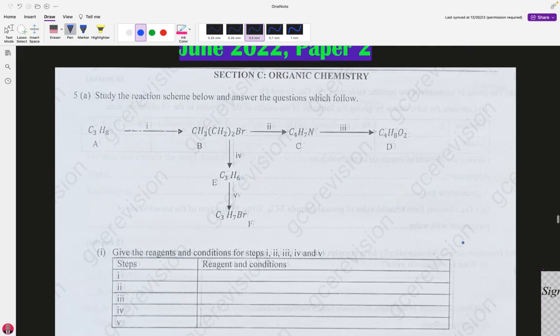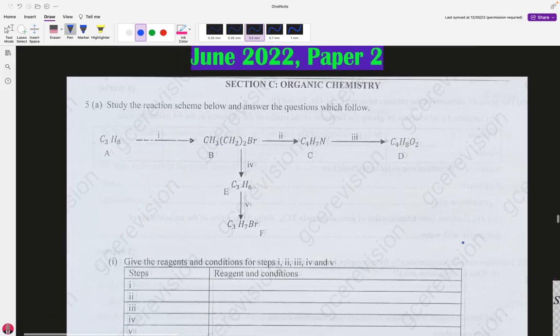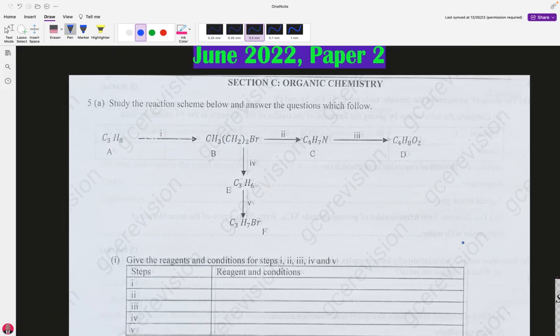Give the reagents and condition for step 1, step 2, step 3, step 4, and step 5.